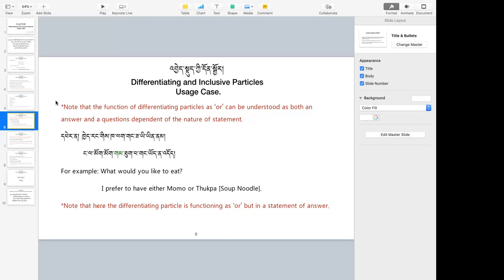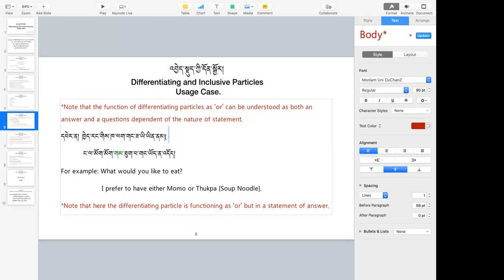And so here we see that this usage that I was talking about is the usage of the differentiating and inclusive particle as an interrogative statement. The particle is used at the end of a statement, not only at the end of the statement.